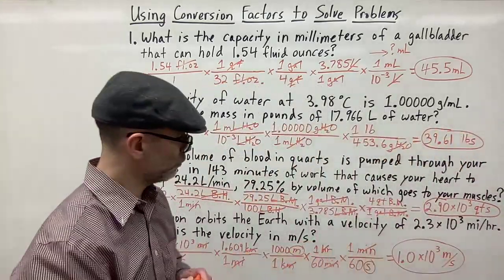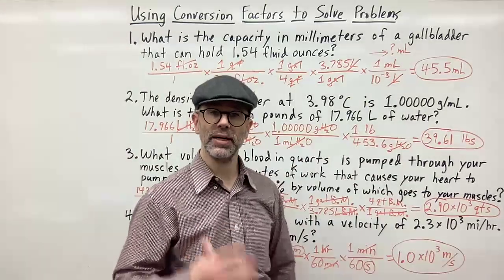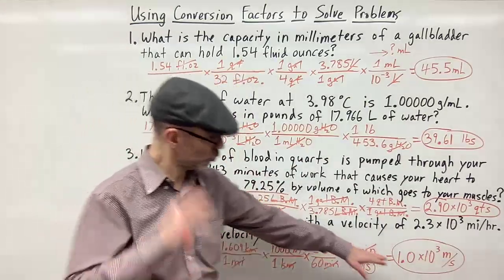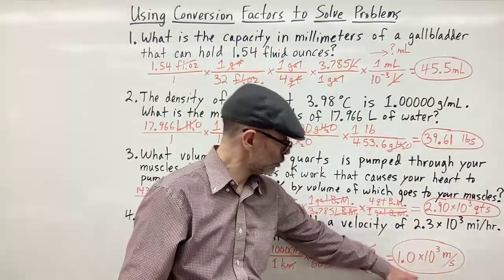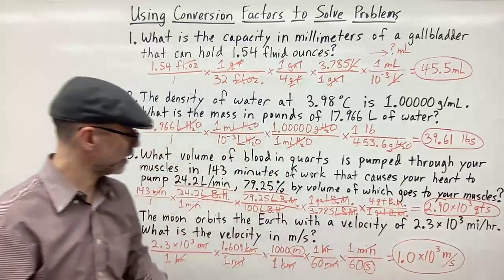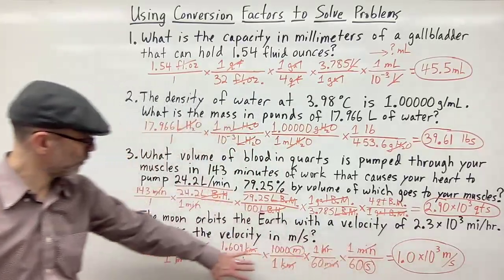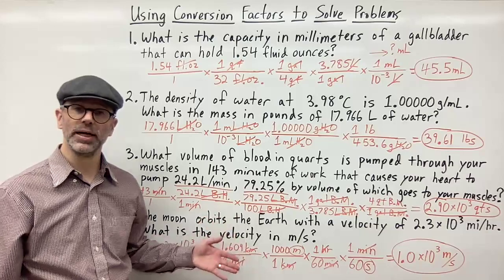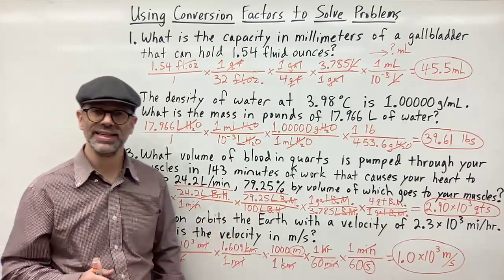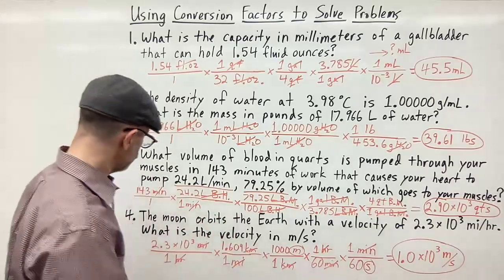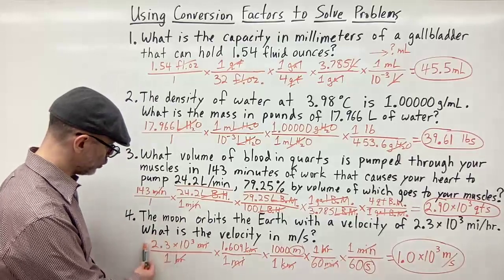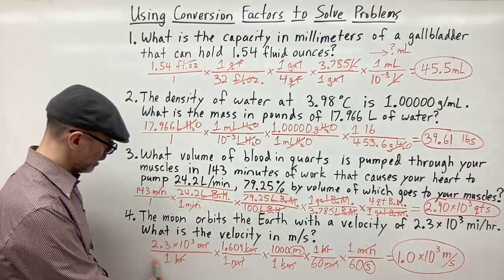So notice the sig figs. Again, when you're multiplying and dividing, the rule is that your answer should have the same number of sig figs as the least number of sig figs in your measurements that you're multiplying and dividing, ignoring the exact relationships. So here I have 2 sig figs in my answer.